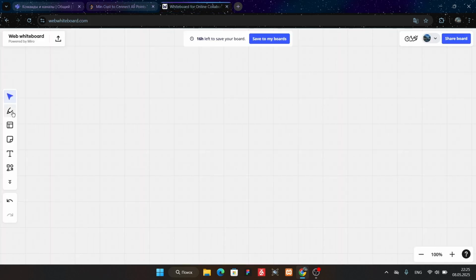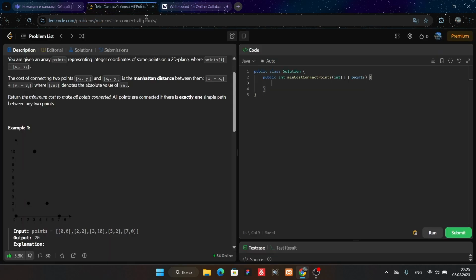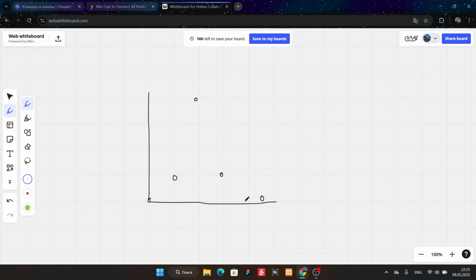First of all, in this algorithm, we should use Prim's algorithm. We have to connect all of these and find out the minimum cost.